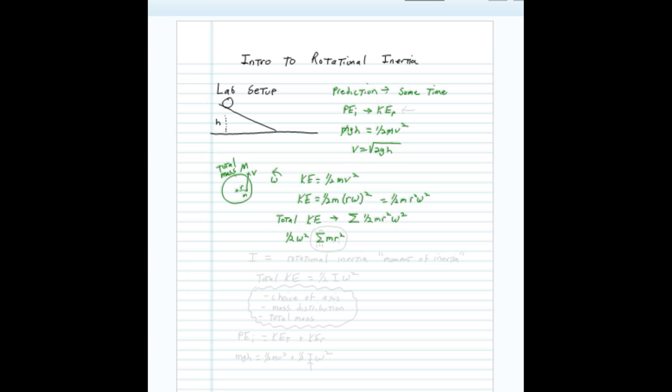So to add them all up, if we're going to count them, we could put an index on here like i, and we could say i equals 1 to n, however many particles make up that object. So in physics, we have a term for this quantity right here. This is called rotational inertia, or moment of inertia.